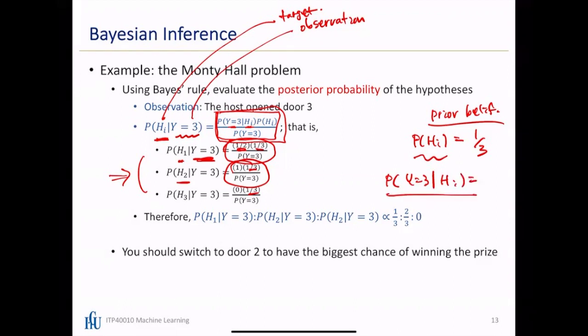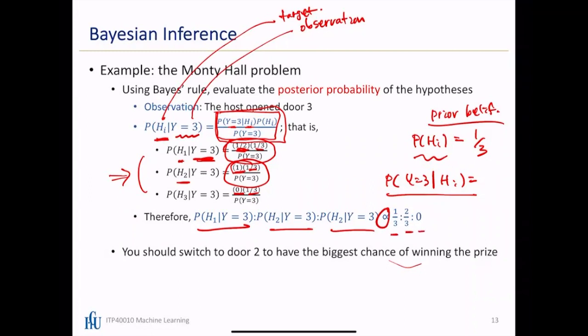This is my observation. Given some condition, depending on the actual location of the prize, the likelihood changes. The first case, it's half. The second case, it's 1. The third case, it's 0. This is something we calculated in the previous slide. At the end of the day, if you calculate the ratio between these 3 conditional probabilities, they are proportional to 1/3, 2/3, and 0.